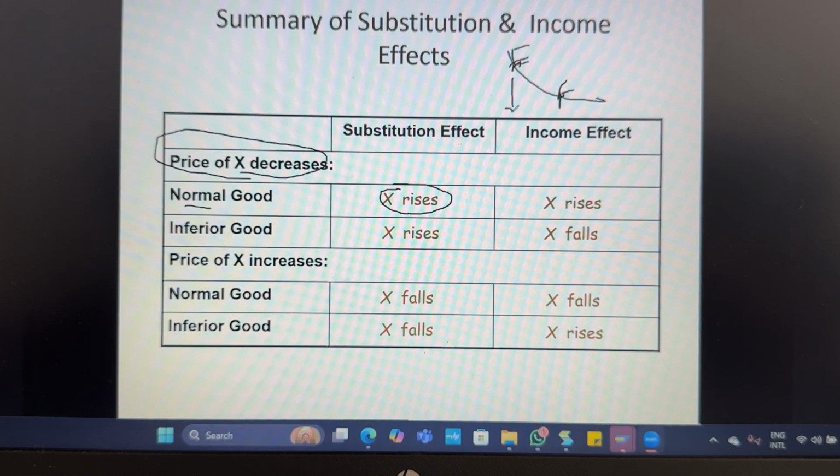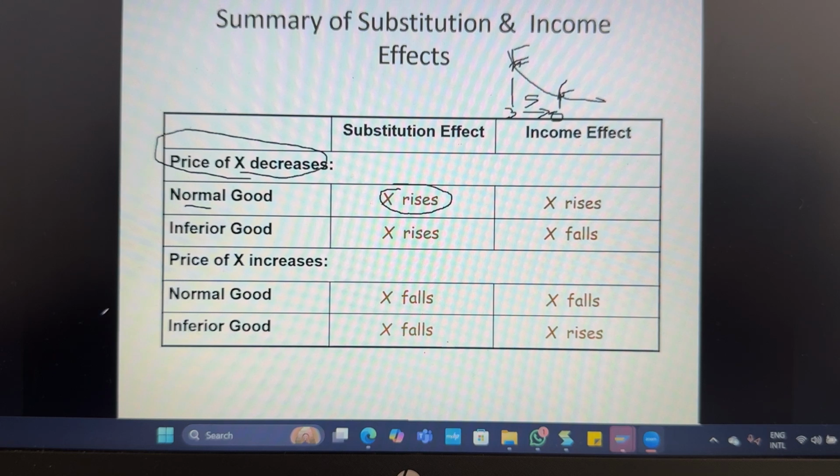At E we put 3 here, at G maybe 8, and we got the 5 here as the substitution effect. So from 3 to 8, the demand for X rises. Got it?